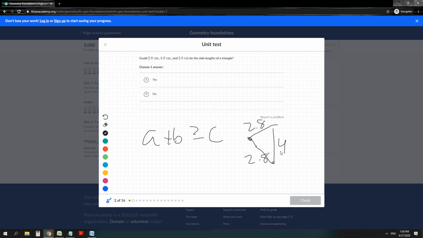If this is 2.8 and this is 4, then this here better be shorter than this here. So we're going to check that out. 2.8 plus 2.8, is that greater than 4? Yes. What about 2.8 plus 4? Is that greater than 2.8? Yes. Okay, so this works just fine.